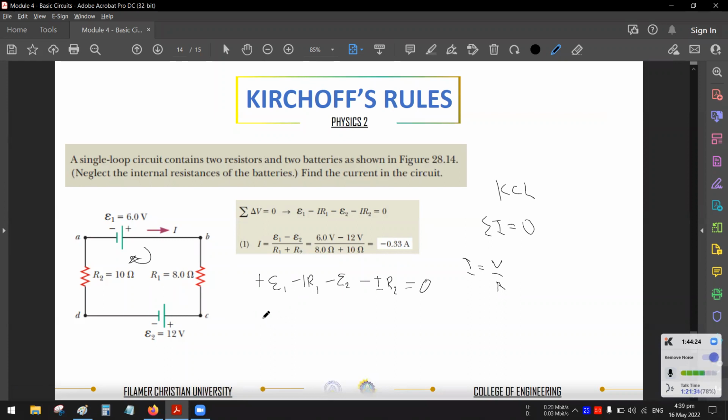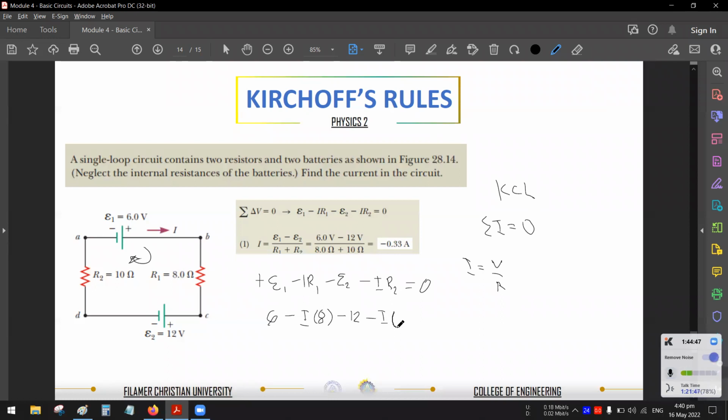Or kung ano to siya, that is 6 minus your I multiplied by your 8, minus 12, minus I.